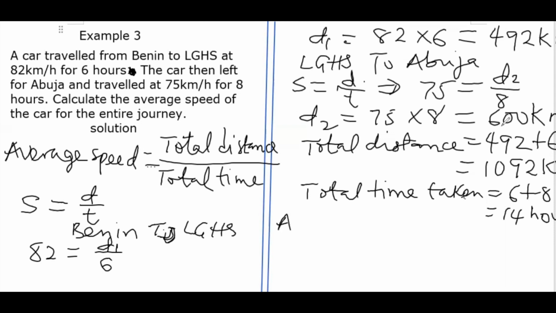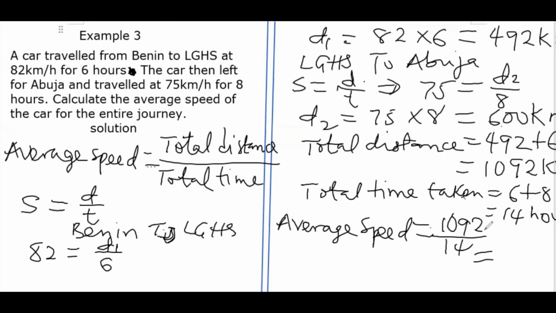Hence, average speed equals the total distance, which is 1092, over total time taken, which is 14. And 1092 divided by 14, we have 78 kilometers per hour. So this is the answer.